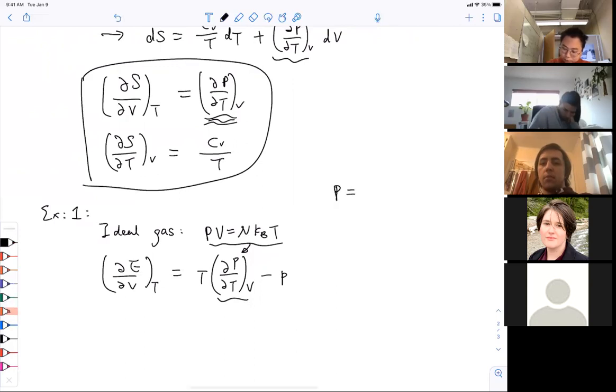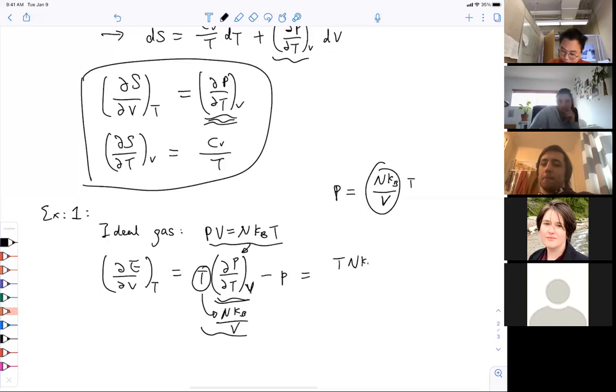So P equals N kB T divided by V. Since we fix V, V is a constant, and taking the partial derivative we get the coefficient N kB divided by V. Combined with the T here, this is nothing but P. So this means T times N kB over V, minus P. So this is nothing but P.